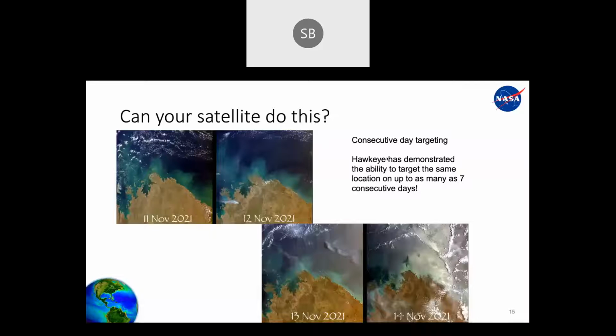I believe we have demonstrated up to 5 and believe we can actually get to 7 consecutive day coverage over a single spot on the Earth, which is pretty spectacular if you consider that most of those polar orbiting satellites that we have, the big behemoth guys, can only see the same spot at most maybe twice, if you're lucky, depending on the orbit. But because we can point our little spacecraft, we can actually see more.